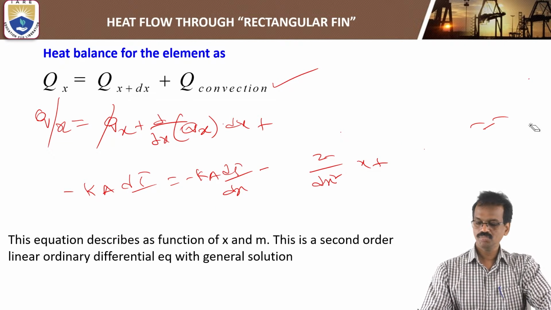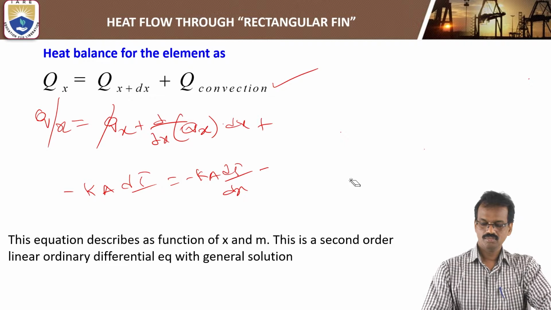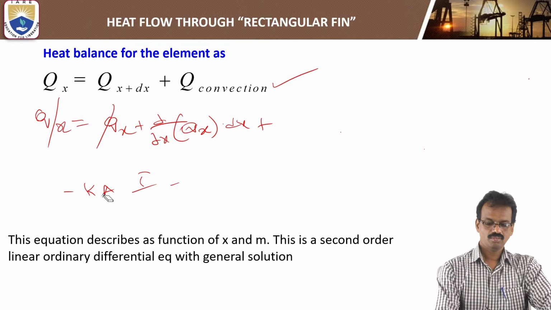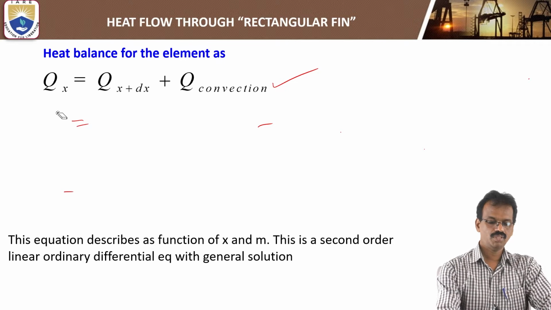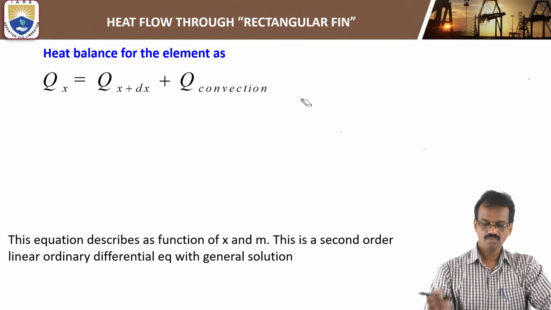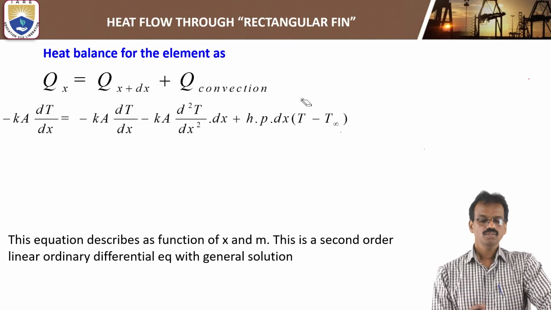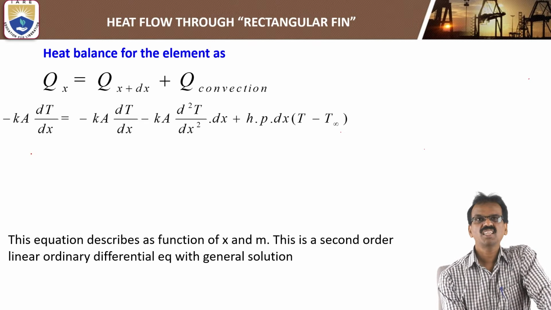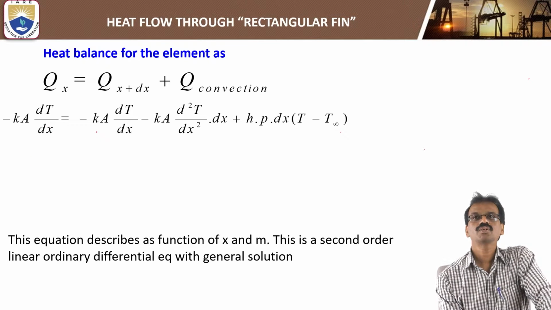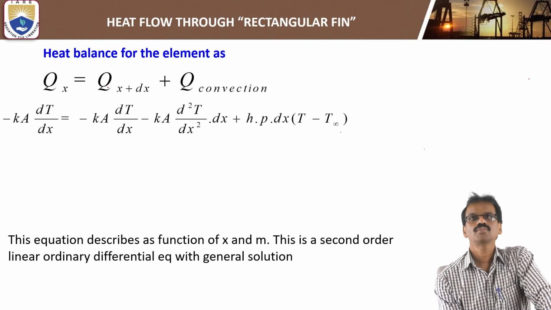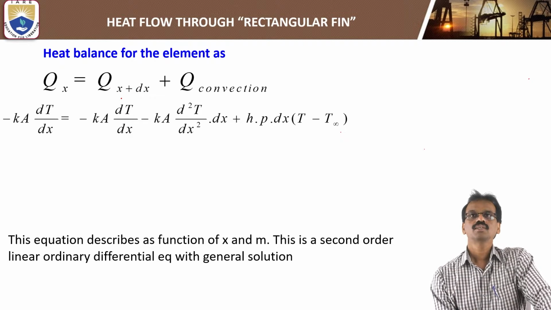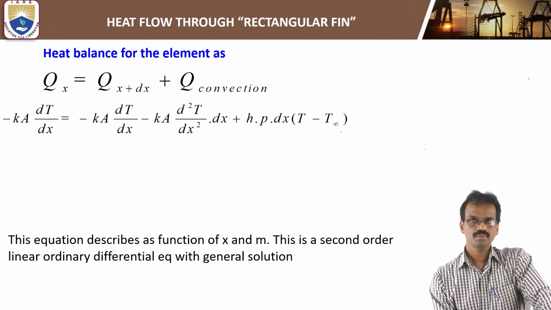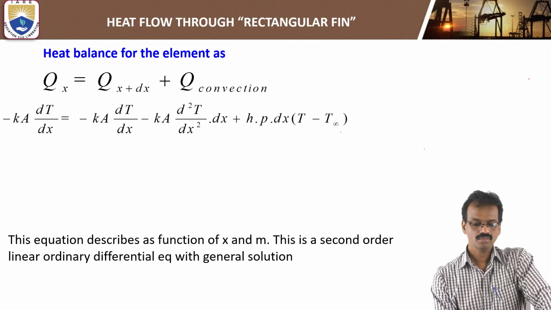You can see this written in the PPT. Qx is minus kA dT by dx, equal to minus kA dT by dx, because Qx plus dx is equal to Qx plus dou by dou x of Qx into dx.